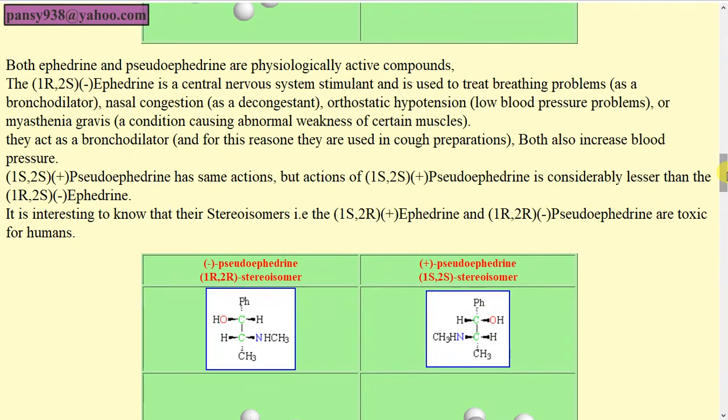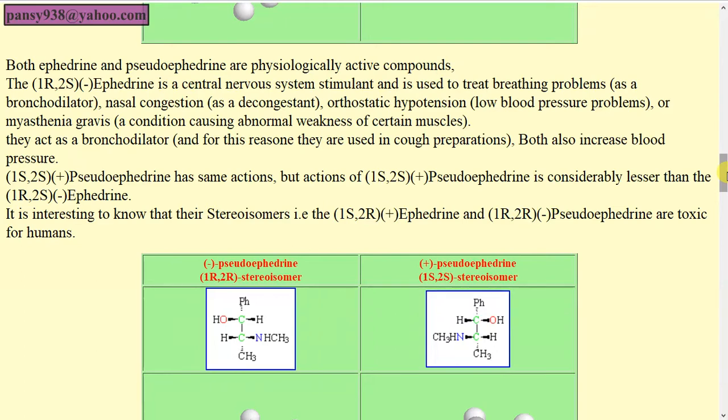A very interesting character in ephedrine and pseudoephedrine is that they are physiologically active compounds. It means that they affect the physiology of our body, and they have a certain action on certain systems.